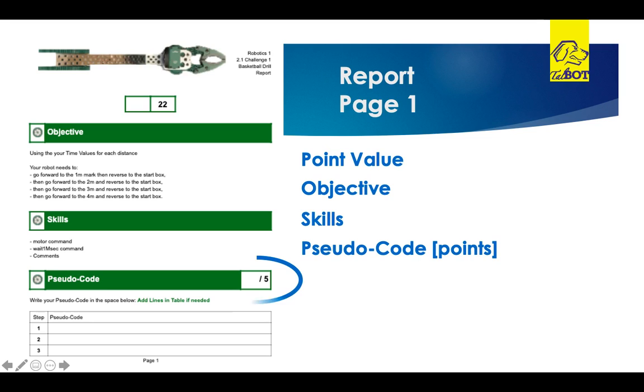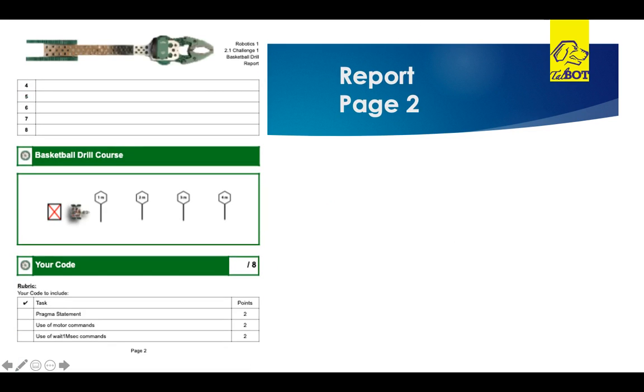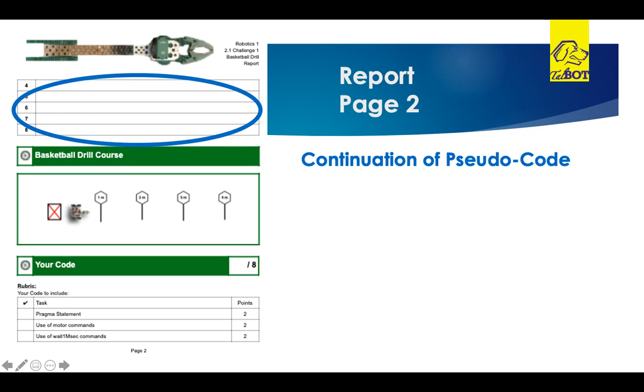I do want you to notice that here is where some of your points come from. So the pseudocode is worth 5 points. So make sure that you do write your pseudocode in. I give it to you on the challenge, in the presentation here. So you should be able to get those 5 points pretty easily. And you just would need to type them into the space. All right, let's look at page number 2. So here's the rest of the pseudocode.